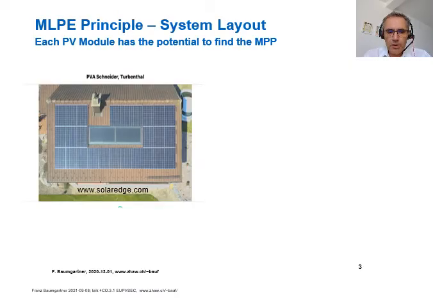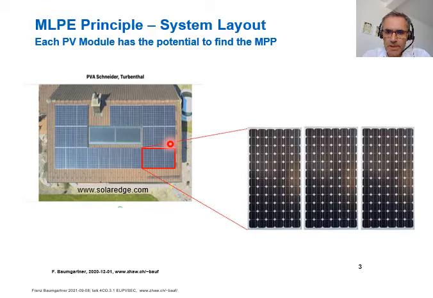From the top view of this PV installation, we take out these three PV modules to demonstrate the principle of MLPEs. The system is built up by optimizers. These are the DC converters, input and output.